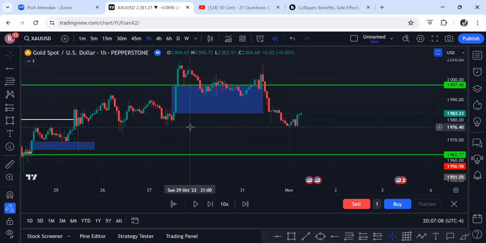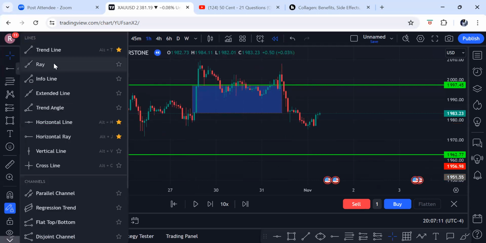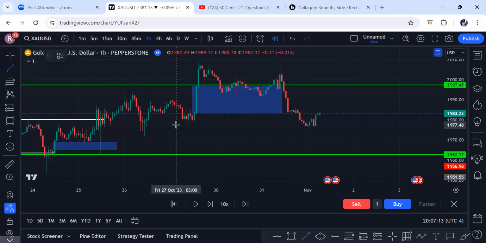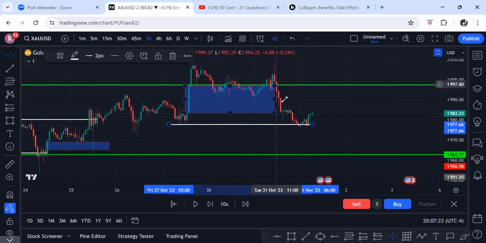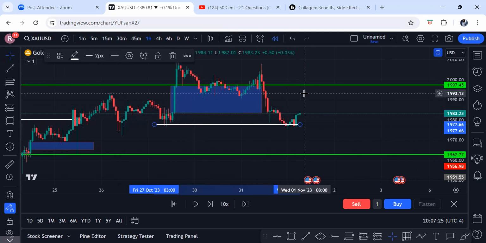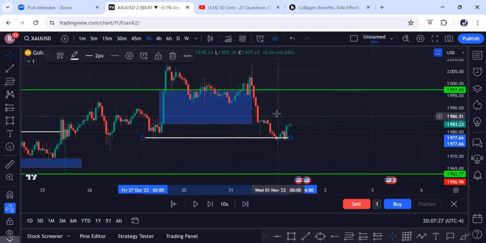All right. Now, if this is the low, we want to see price break that low. We got a change of character at this point. But let's see. We're looking for imbalance. No imbalance visible here.